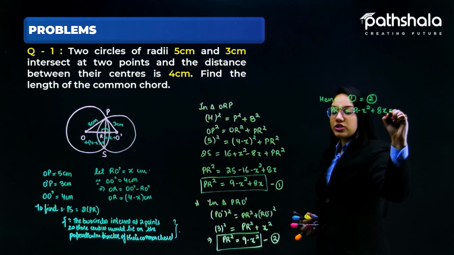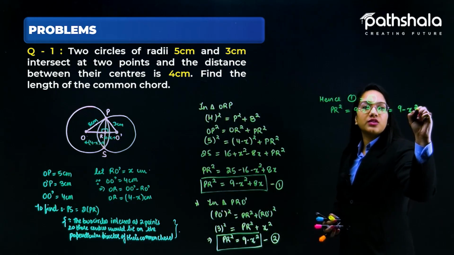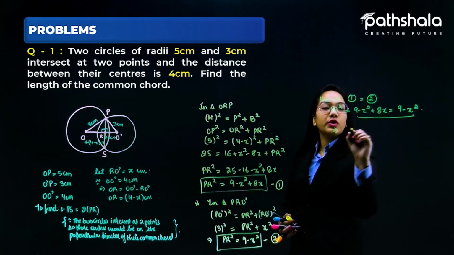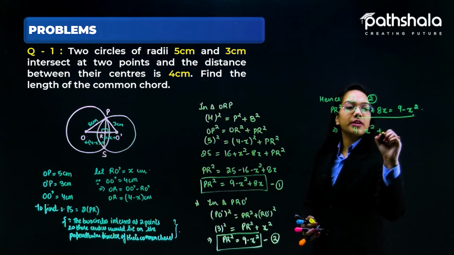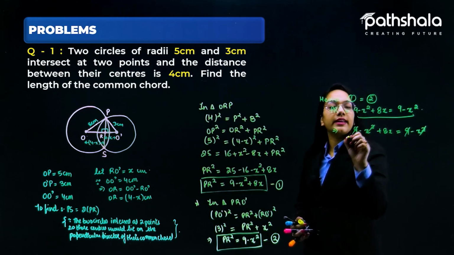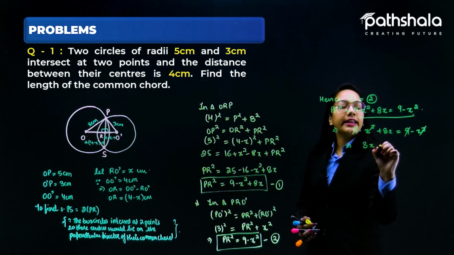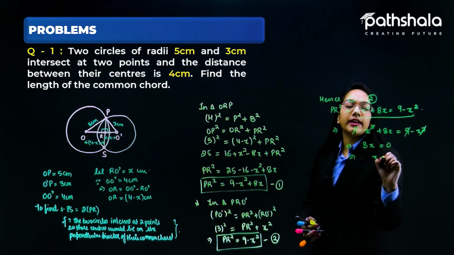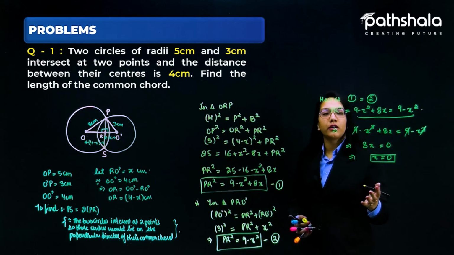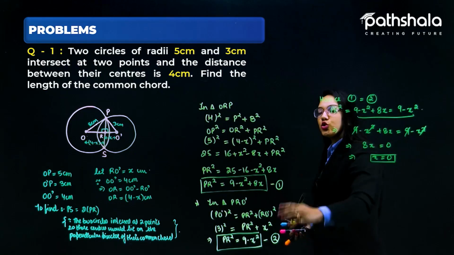Taking these two equal to each other, 9 minus X square plus 8X is equal to 9 minus X square. Both of these values cancel with each other. So we get 8X is equal to 0, and at the end we get X is equal to 0. So this is the value that we get from equating these two equations together.